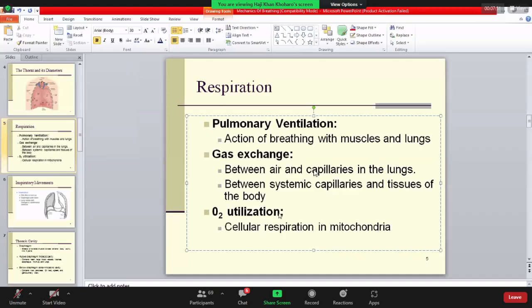Oxygen utilization by the mitochondria is a process called cellular respiration, and it occurs at the level of the mitochondria.